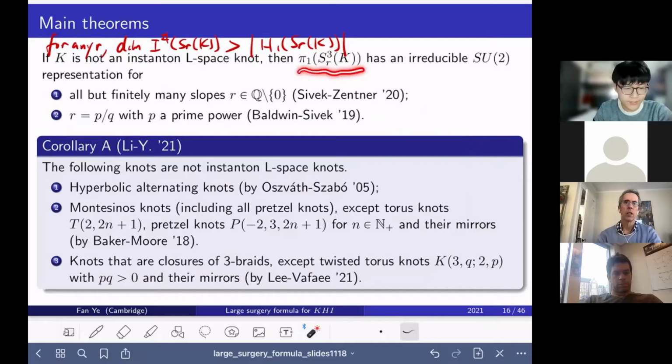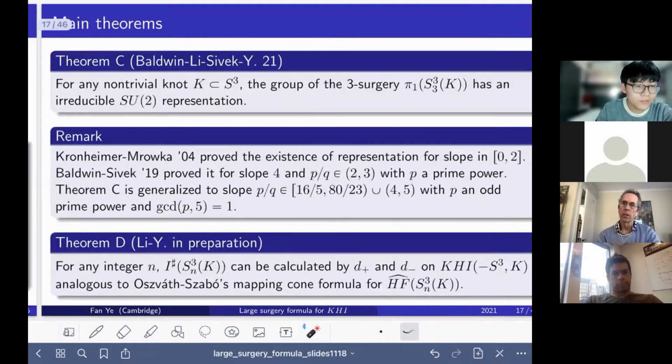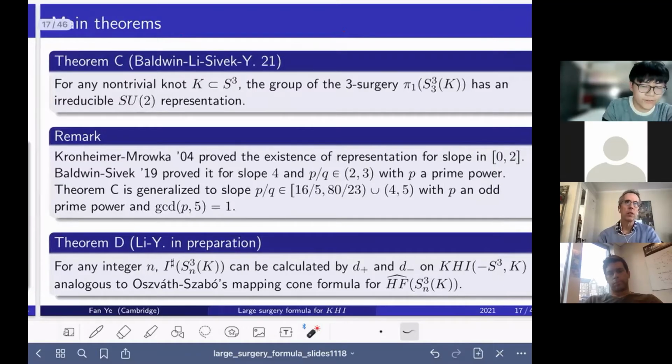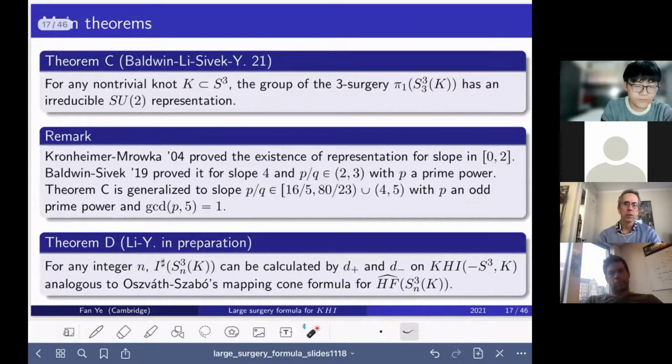And indeed, we can use the large surgery formula and constraints on the Alexander polynomial to prove a stronger theorem. Recently, Baldwin, Li, Sivek, and I showed that for any non-trivial knot in S^3, the fundamental group of the 3 surgery has an irreducible SU(2) representation.